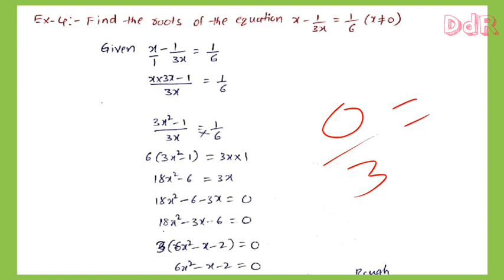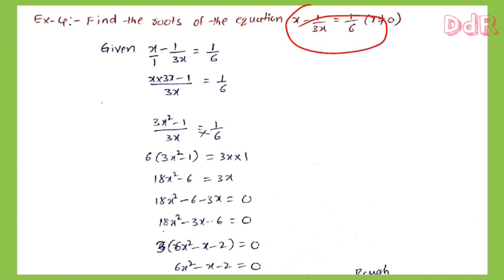So 0 by 3 is 0. That is why the simplified quadratic equation is 6x square minus x minus 2 equals 0. So the given equation is simplified to 6x square minus x minus 2 equals 0.